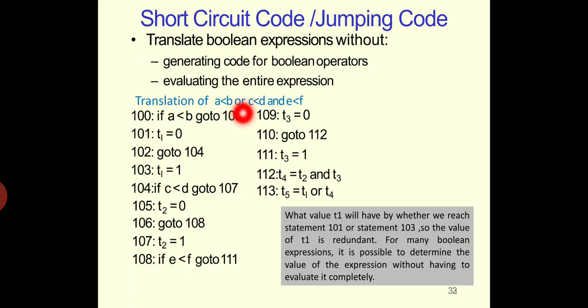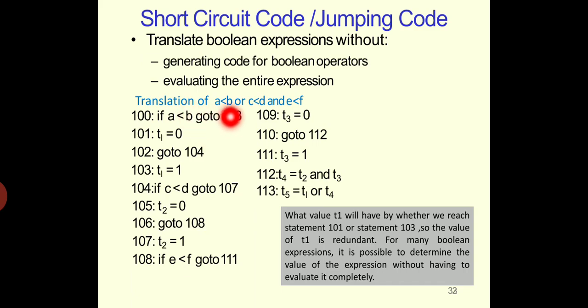Here we can say that if a less than b, go to 103, then t1 is equal to 0, go to 104, t1 is equal to 1.